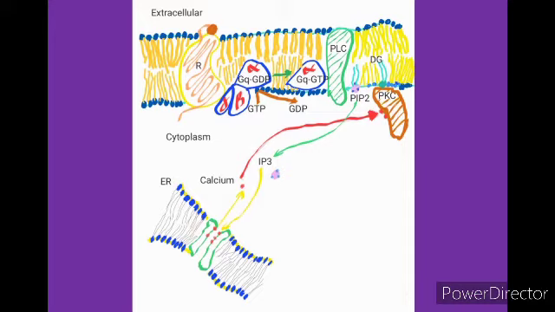Now, let me tell you the name of this receptor, because that's crucial. The name of this receptor is alpha-1, alpha subscript 1 adrenergic receptor. We call it alpha-1 because of its unique primary structure. It has a different primary structure than the beta receptor we just talked about.